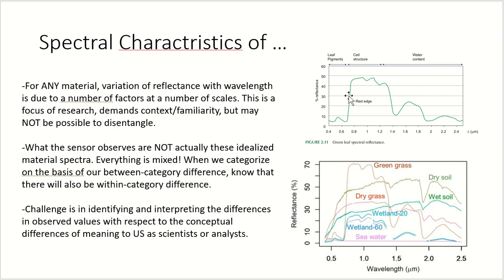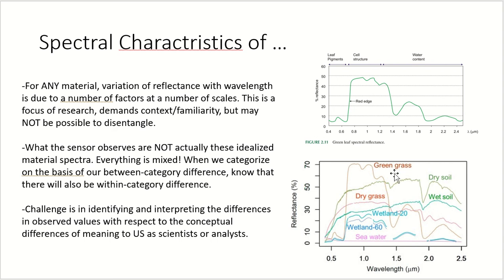So what these spectra are, they're not exactly what the sensor sees. They're more idealized, the output of detailed on-the-ground research. So every observation from the sensor is going to be mixed.